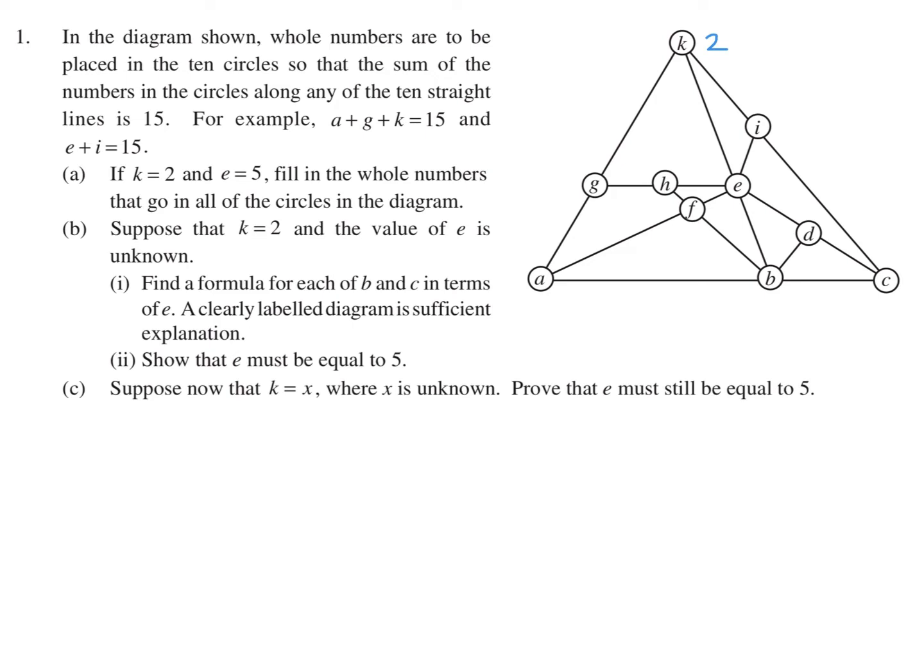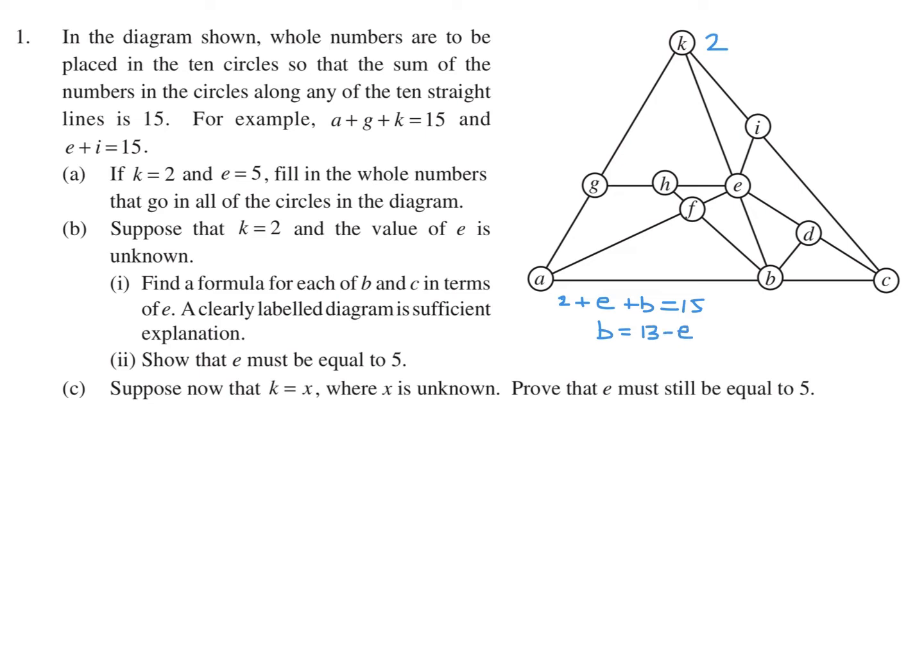From this straight line, we can conclude that 2 plus E plus B is 15. So B is equal to 13 minus E.